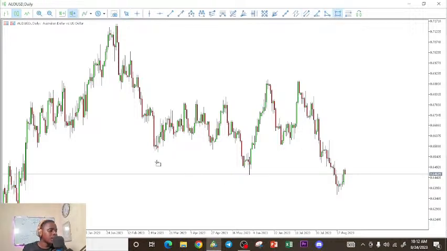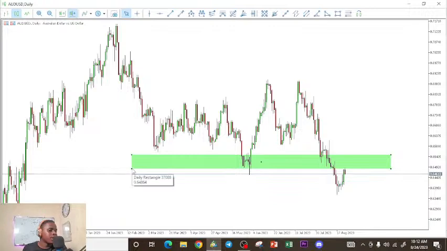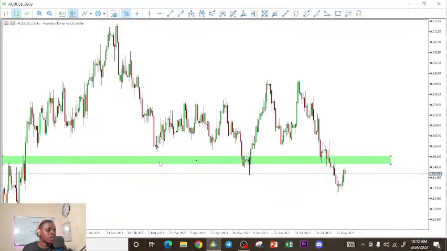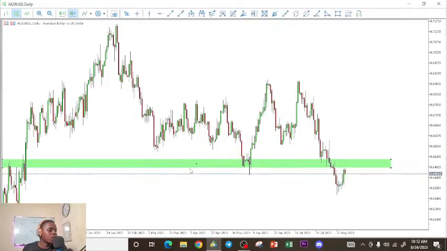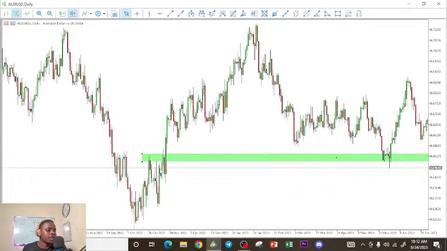Why am I saying this? Because we have the market that broke below this zone right here. So this is a strong level of structure which has been tested multiple times on a daily time frame, right?